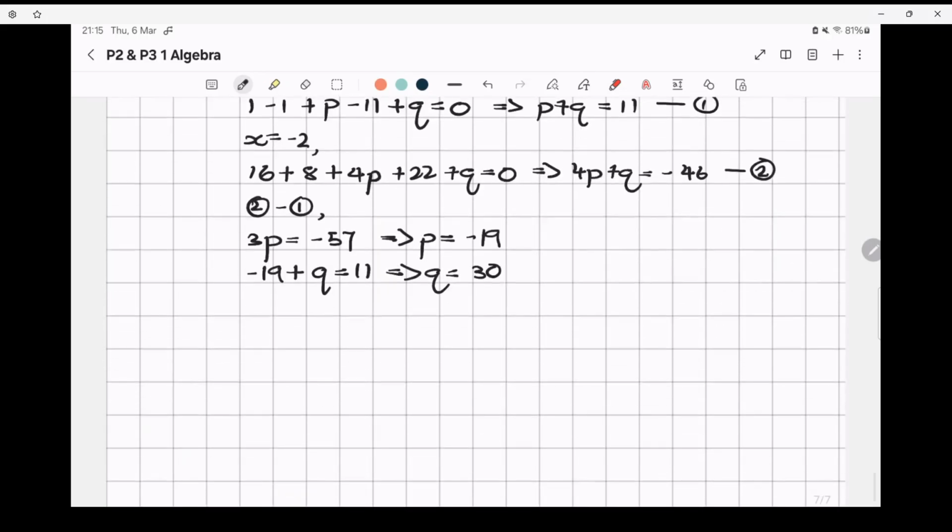So let's look at part B. Factorize the equation completely.